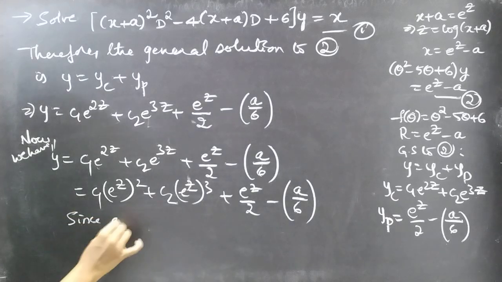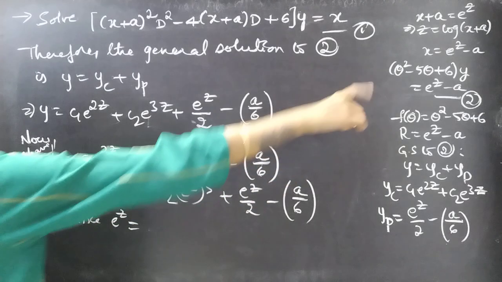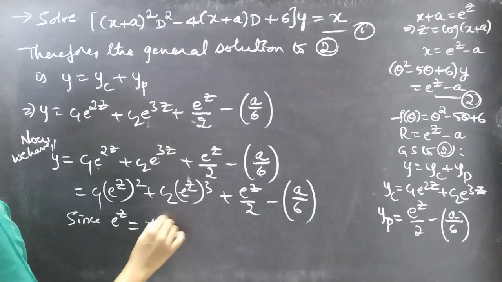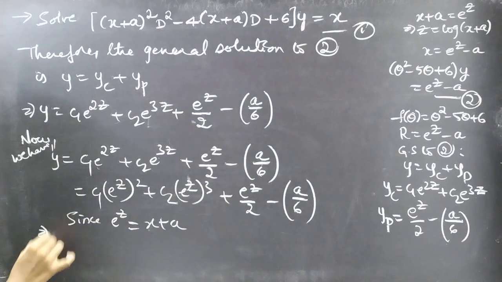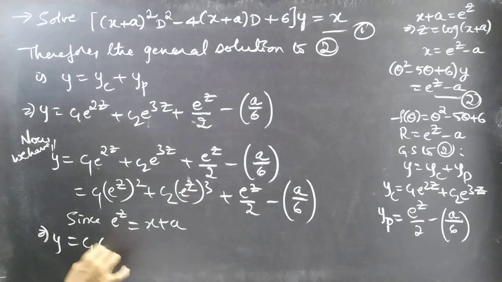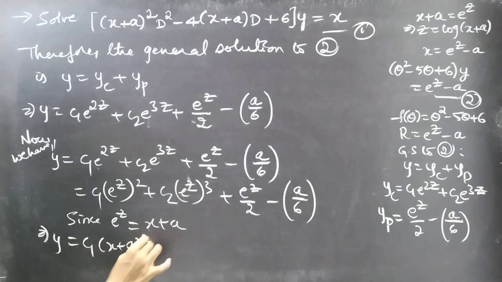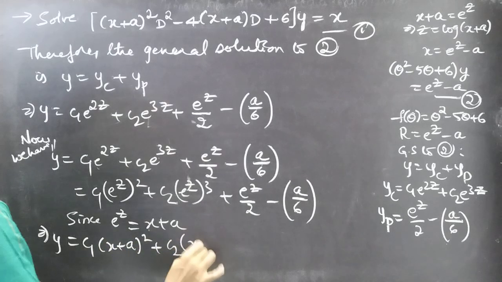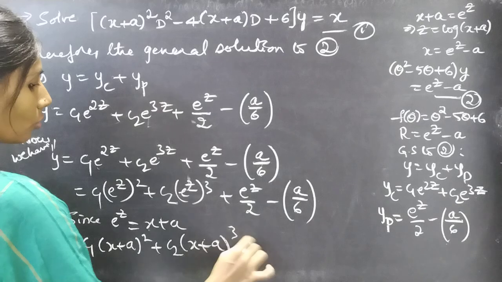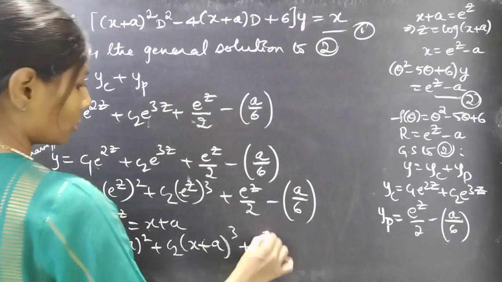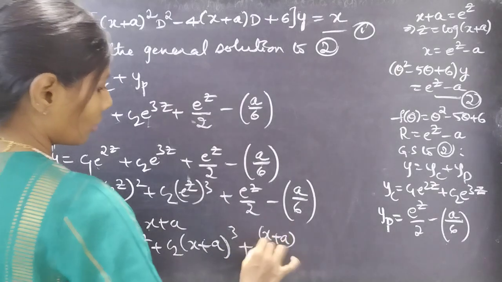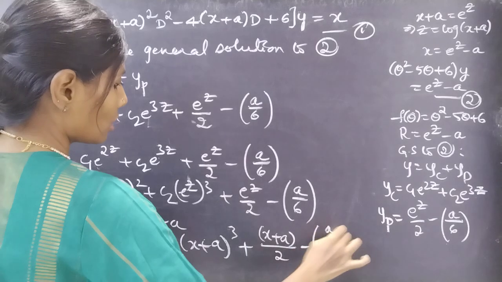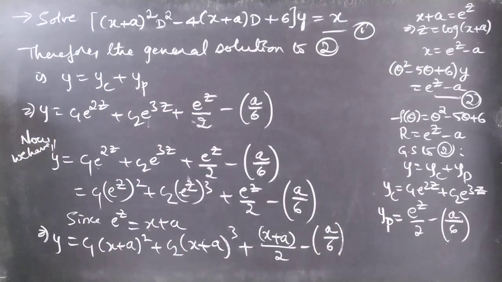Since e power z equals x plus a, this equation becomes y equal to c1 (x plus a) whole squared plus c2 (x plus a) whole cubed plus e power z, that is (x plus a) by 2 minus a by 6, which is the required solution, the general solution to the given differential equation.